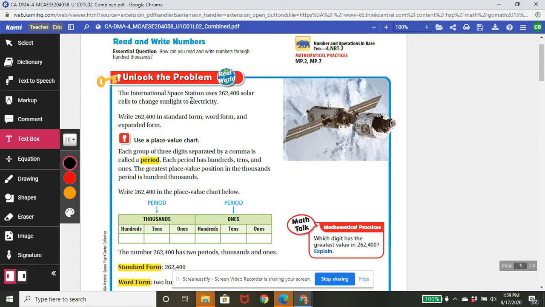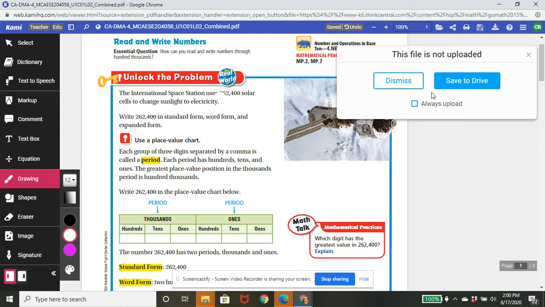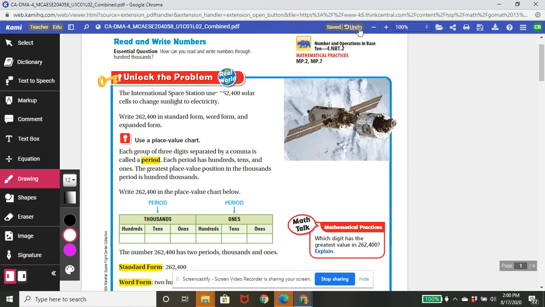The International Space Station uses 262,400 solar cells to change sunlight to electricity. And I want to pause here and just show you that this is something that we're going to be talking about today. I just read out how to say this number.